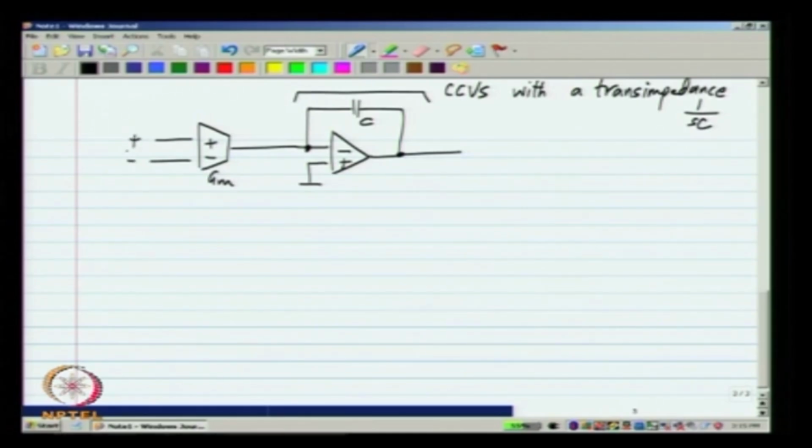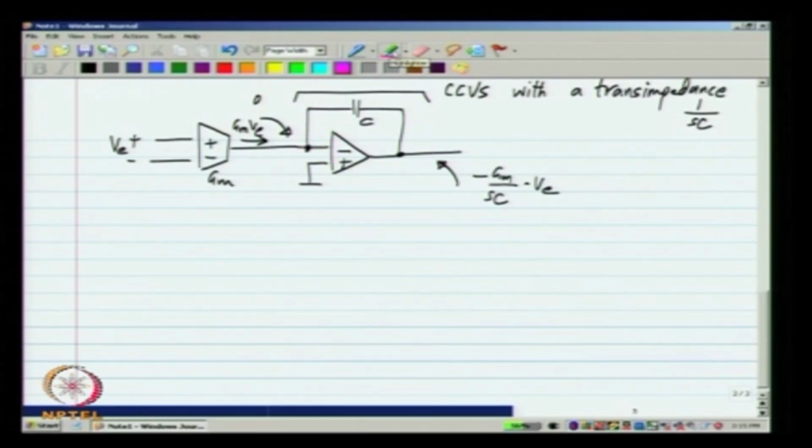Now, with an ideal op amp, the voltage here will be 0, and I have a current GmVE here. So, the output voltage will be minus Gm by SC times VE. Okay. The sign inversion comes simply because of the inversion through the second stage.